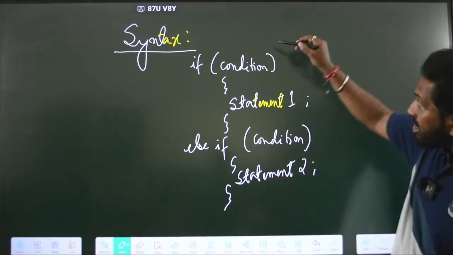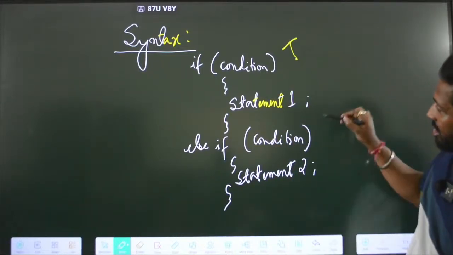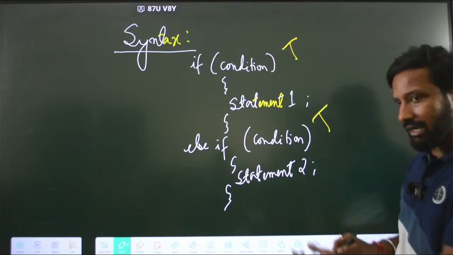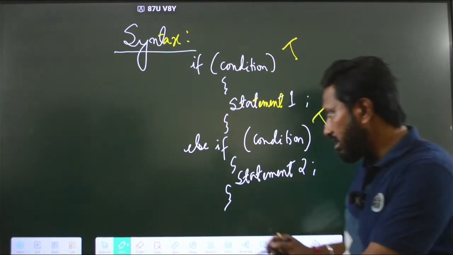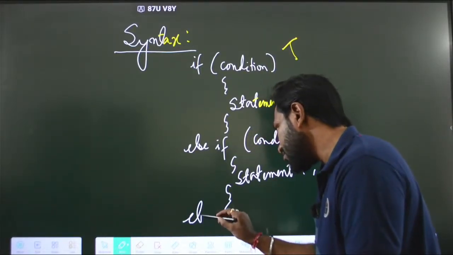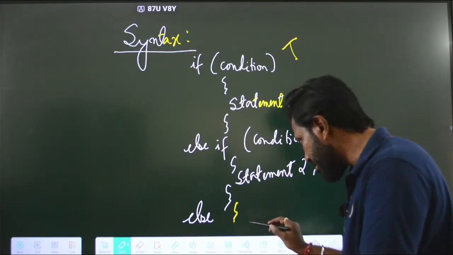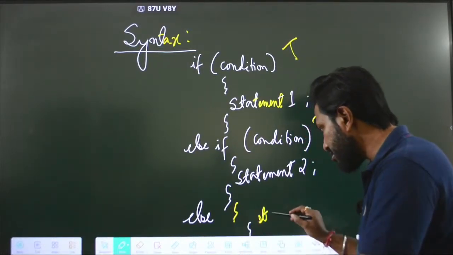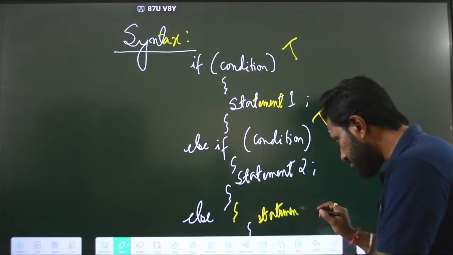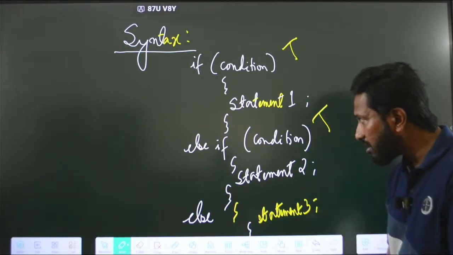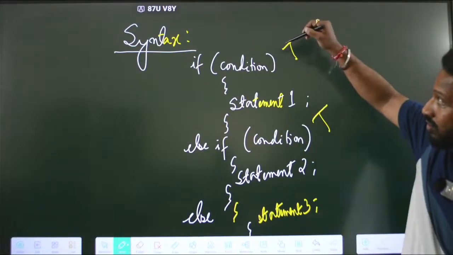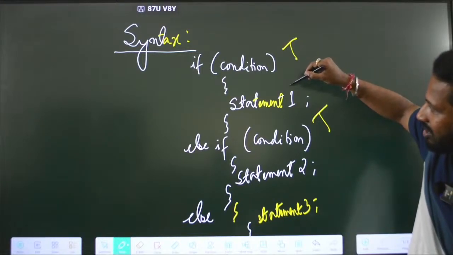See, if this is not true, then obviously the last part will be true, right? Here I can say else, here we don't need to write any condition, as you already know. Here I can say statement 3, fine. So if this is true, then it will go inside and execute this block.